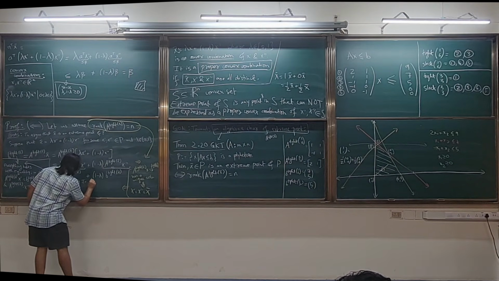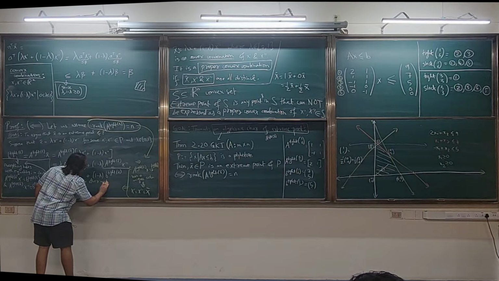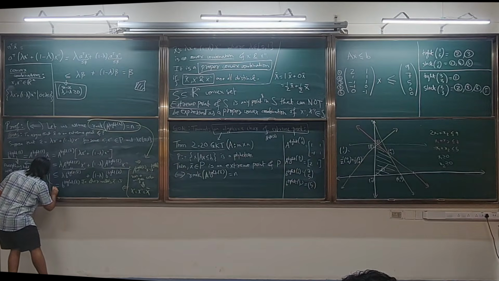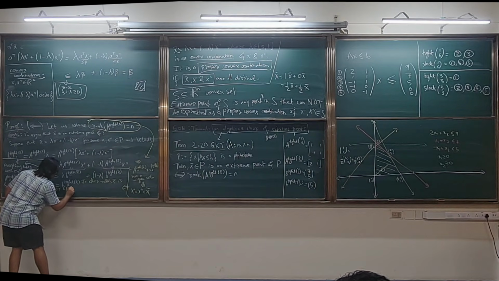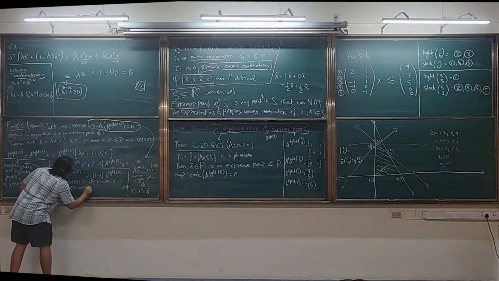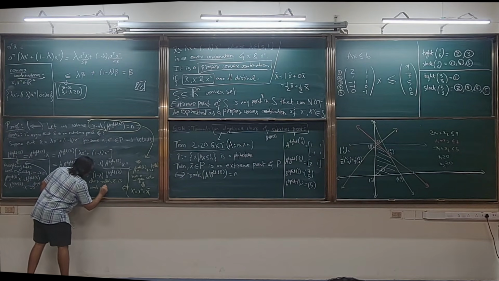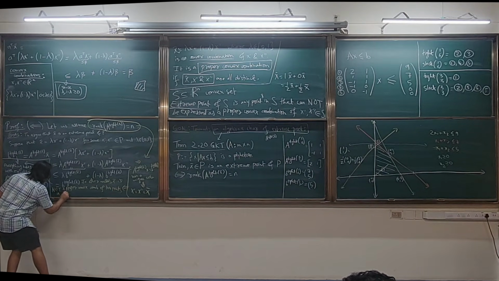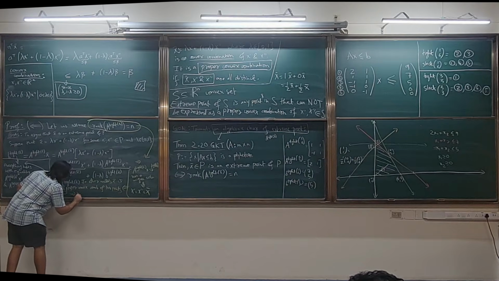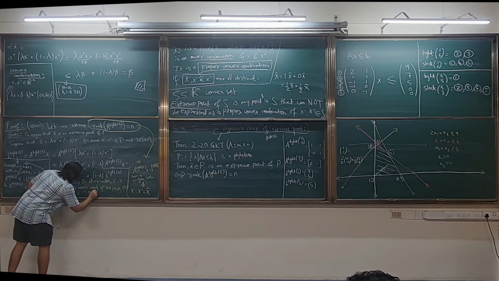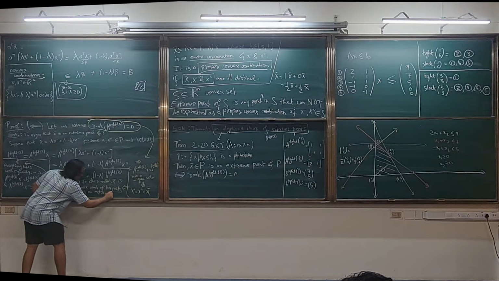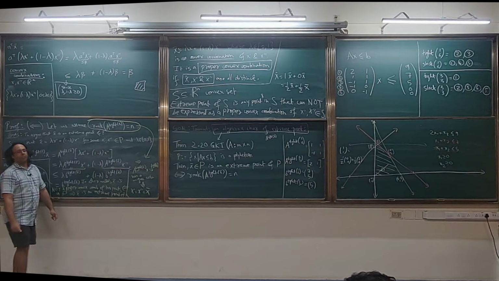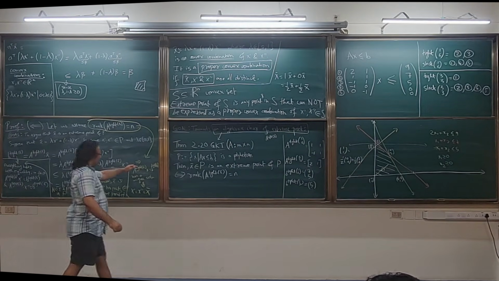In other words, x bar is not a proper convex combination of 2 points in the polyhedron, which basically means that by definition x bar is an extreme point of the polyhedron. That finishes one direction. It is indeed an extreme point.